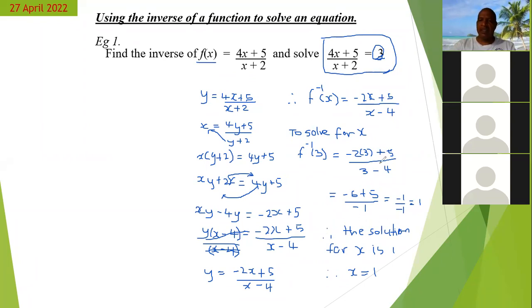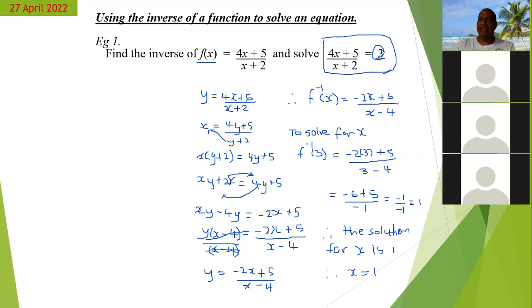All right, so Ms. Green, once we have found the inverse of these functions, we are given the function f of x equal to 4x plus 5 over x plus 2. So in order to solve this equation, if you notice, the fraction, which is the function, is basically the same as what we have in this equation: 4x plus 5 over x plus 2.